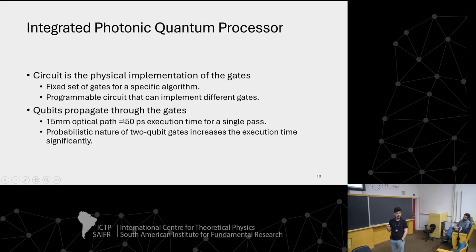And we also have the advantage that the time for your qubits to propagate through the circuit is very short compared to the time it takes to apply a sequence of RF pulses, which can take microseconds each, compared to picoseconds of propagation time here. But then we are probabilistic, so we have to do it many times. So in the end, you have to really do the calculation to see if it doesn't end up evening out.